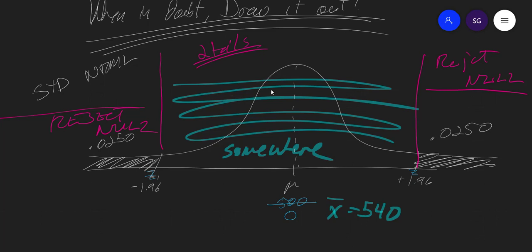And here I cannot tell you for sure that I am different enough, that my x bar is different enough from mu.